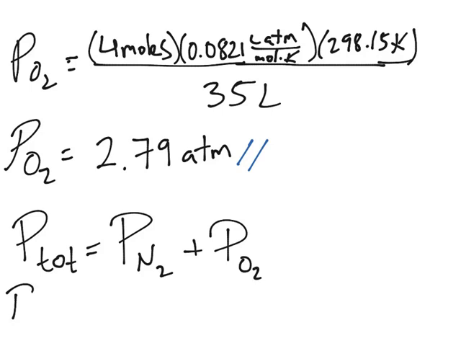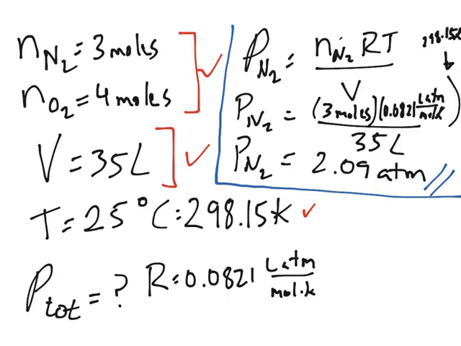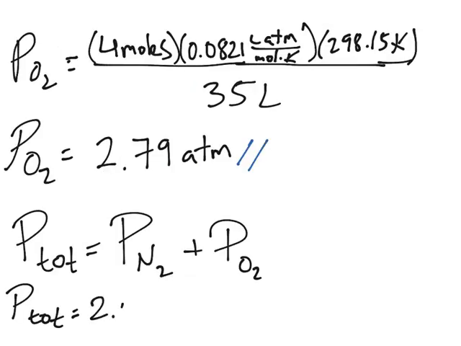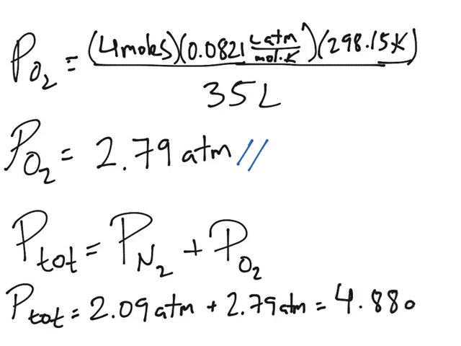So it would be 2.09 atmospheres plus 2.79 atmospheres, which is equal to about 4.88 atmospheres. This is our total pressure of the mixture. So remember, whenever you have a mixture, you will want to apply Dalton's law of partial pressures.